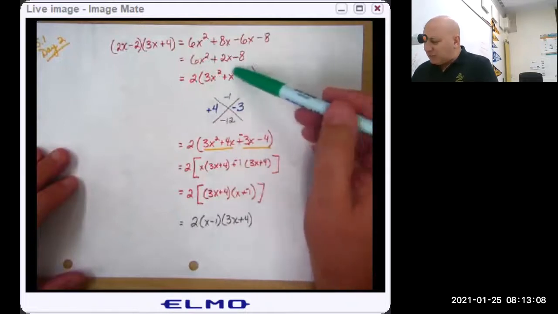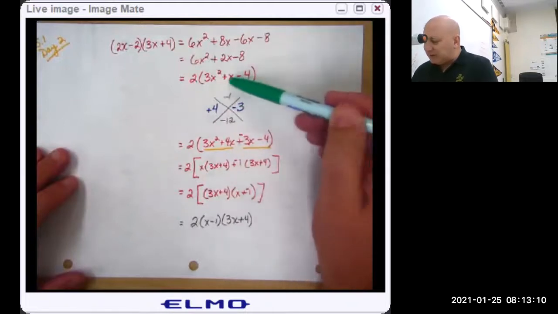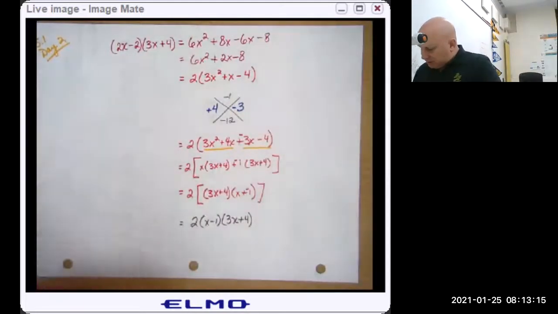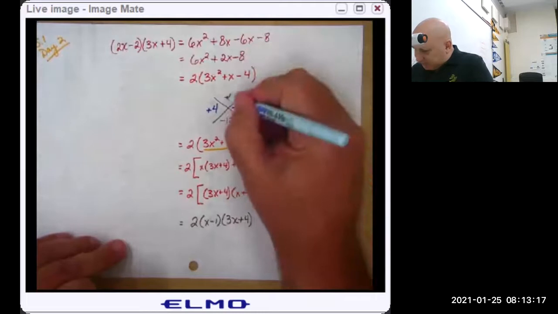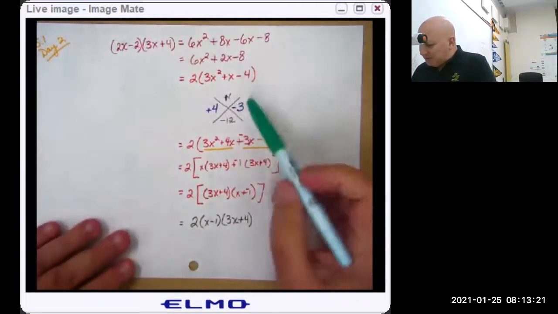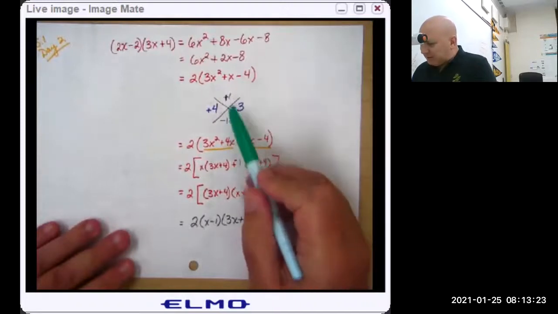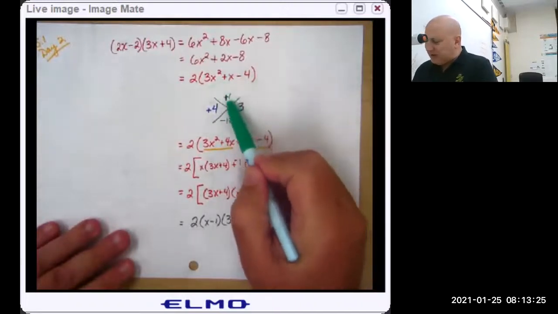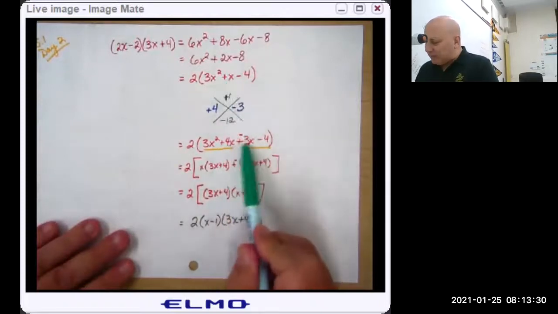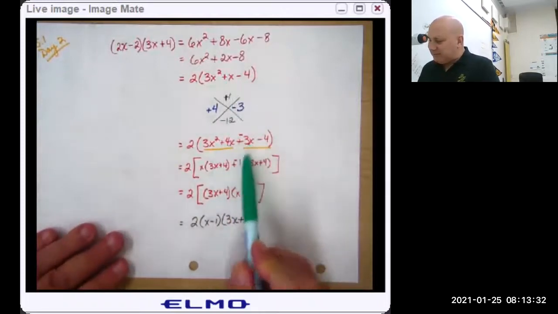Now I want to factor what's inside these parentheses. And this should be a positive 1. Now I need 2 numbers that multiply to give negative 12, add to give positive 1, 4 and negative 3. So I rewrite that x as a 4x and negative 3x.